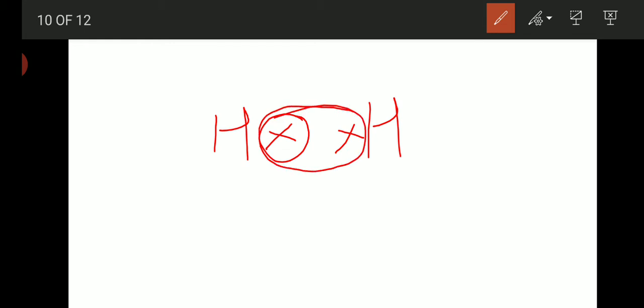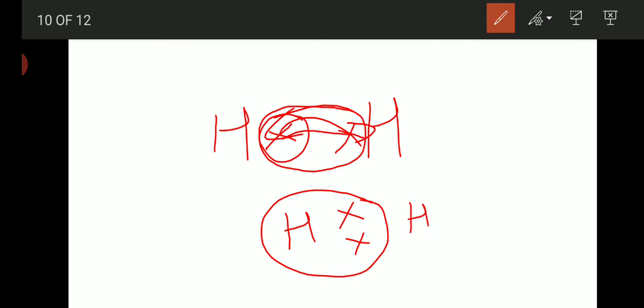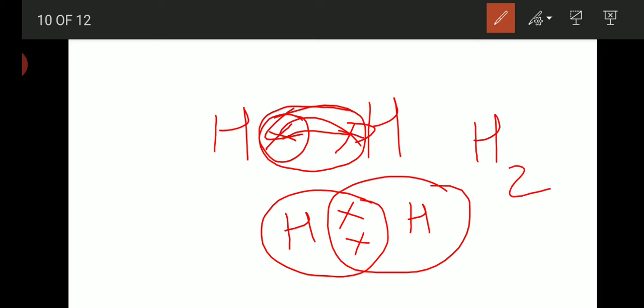I'll explain once again. A hydrogen atom has 1 electron. So this electron is shared with another hydrogen atom. These 2 hydrogen atoms combine, meaning they share both the electrons and they become a duplet structure. So this is the notation. Cleared? And we write the H2 molecule.